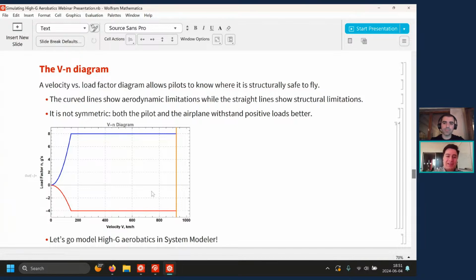These limitations are given, as I was saying, by the structures department. They make their own tests, which you are very familiar with, to guarantee that the airplane is going to be able to withstand either the certification for the civil part or the specification that the Swedish Air Force is asking.